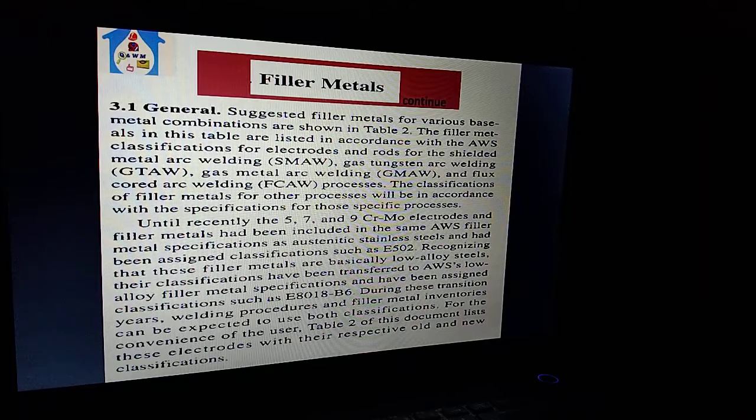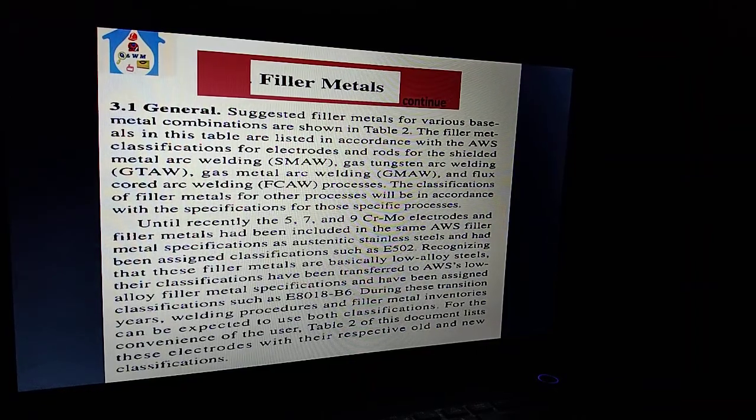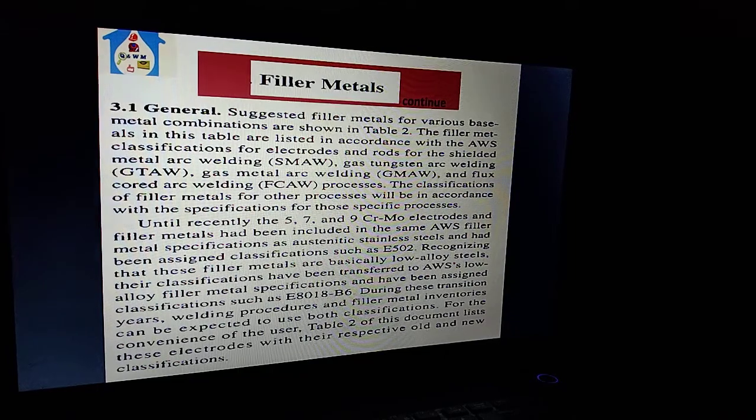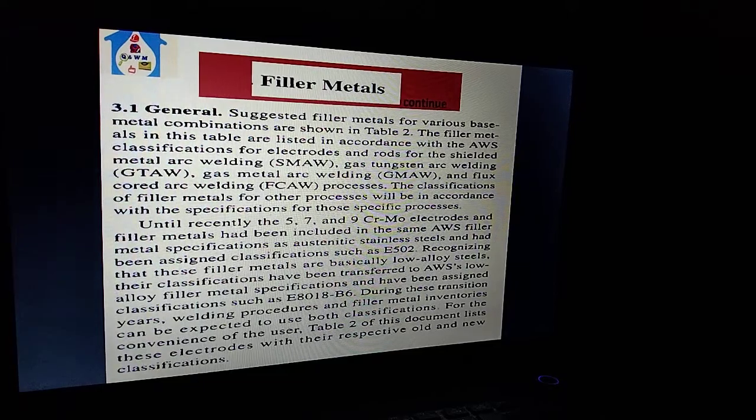During these transition years, welding procedures and filler metal inventories can be expected to use both classifications. For the convenience of the user, Table 2 of the document lists these electrodes with their respective old and new classifications.